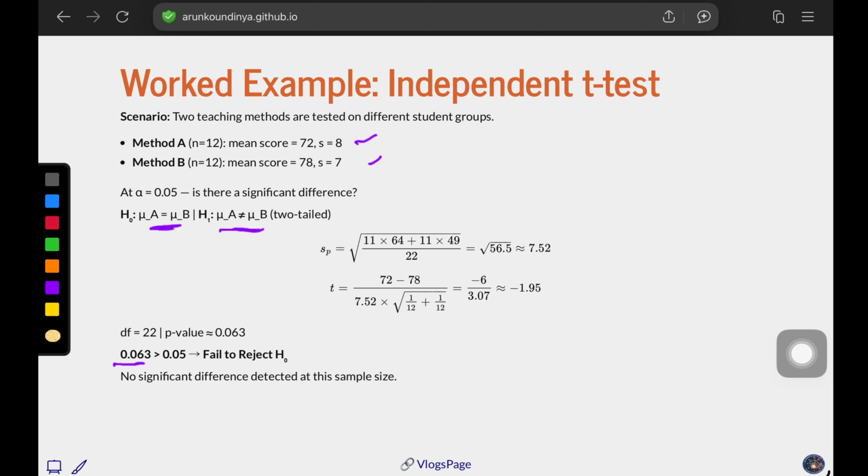So you fail to reject the null hypothesis. When you fail to reject the null hypothesis, you are still claiming that both teaching methods are the same. Say method A is an old school teaching methodology and method B is a new school teaching methodology. When we collected the sample, we found there is no difference between the old school and new school teaching methodologies.